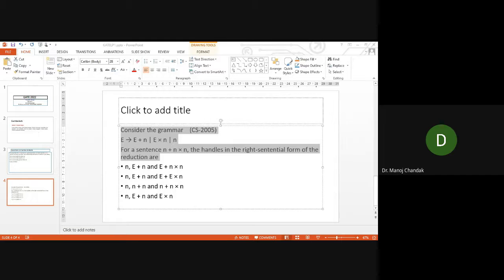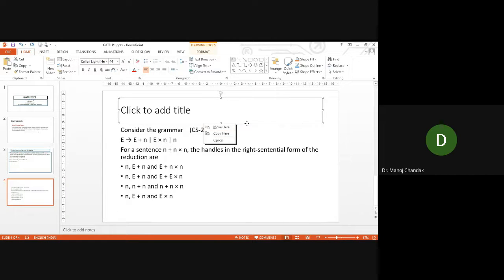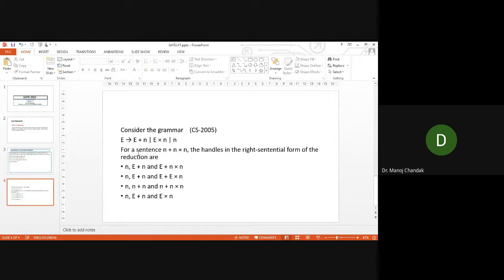Now the question is, the grammar is given, this is from 2005. For this grammar, what you need to find is, for the sentence n plus n cross n, the handle in the right sentential form of the reduction.